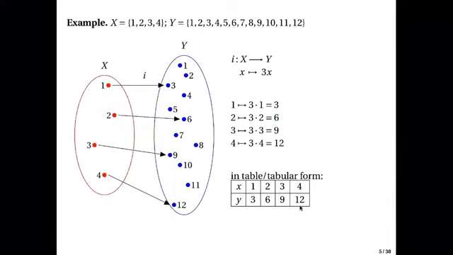Okay? So these are some ways to write your relation. Questions so far?